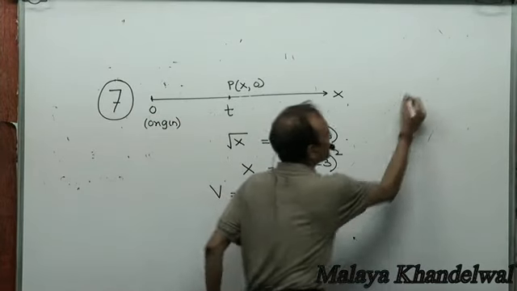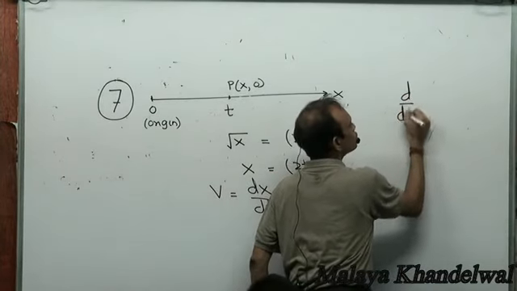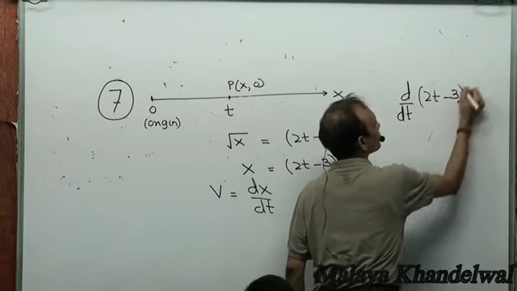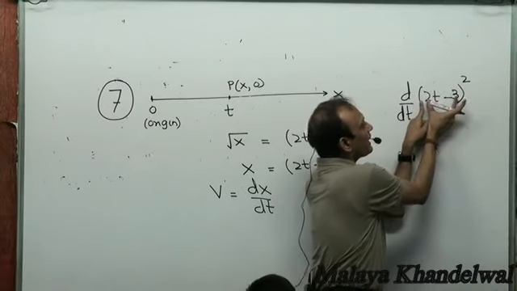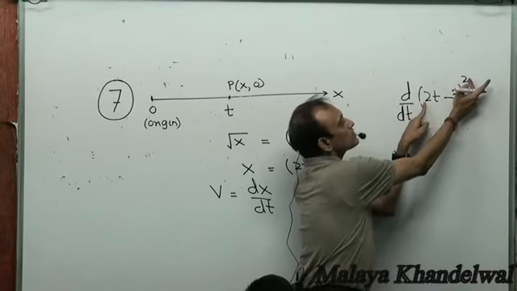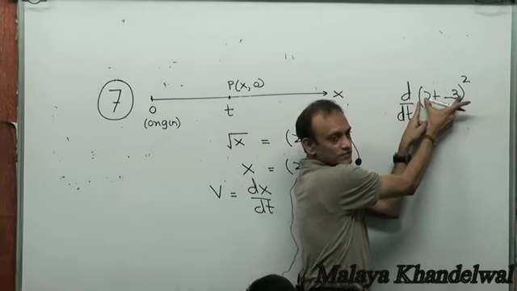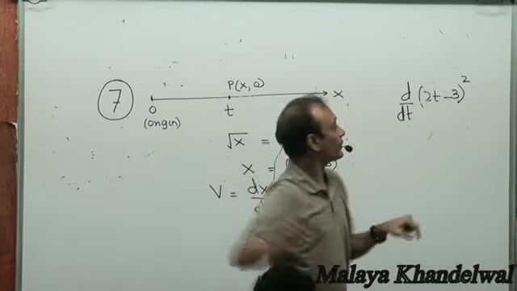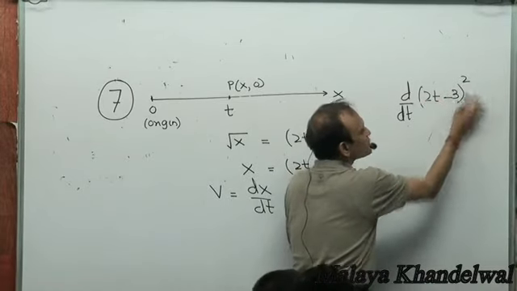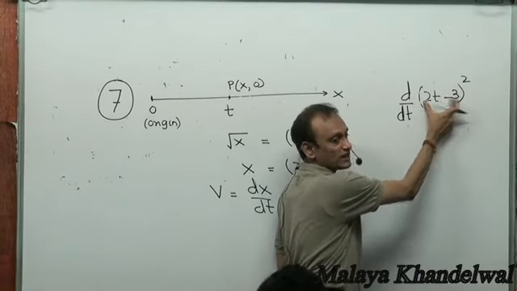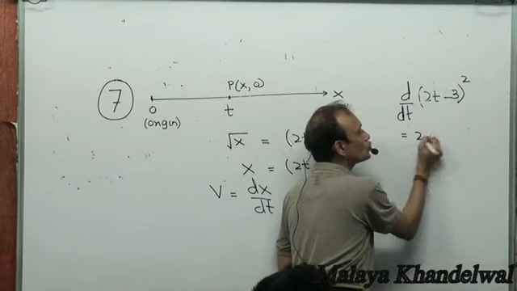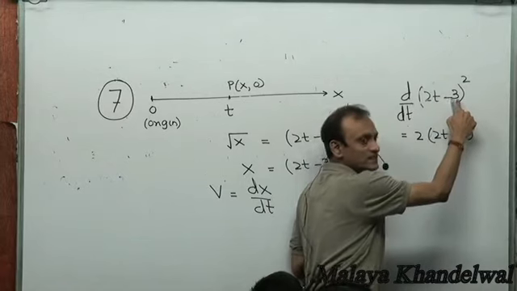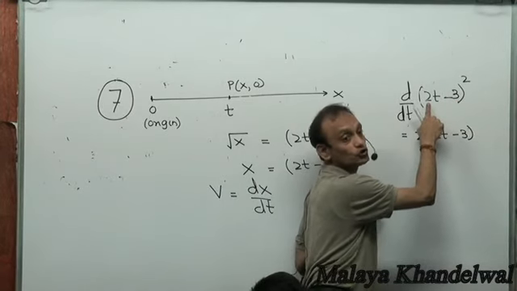Now, if I want to differentiate 2t minus 3 whole squared with respect to t, first of all, this square with respect to this, right? L square with respect to L will give me 2L. So first, the square of this with respect to 2t minus 3 is going to be, from chain rule, 2 into 2t minus 3, and then 2t minus 3 with respect to t is going to be 2.